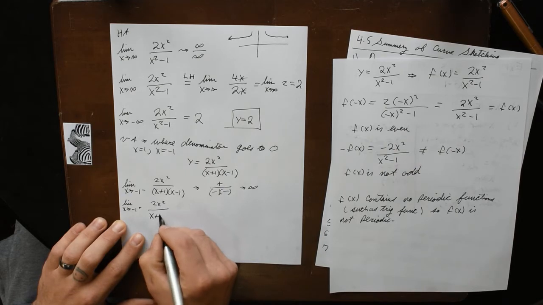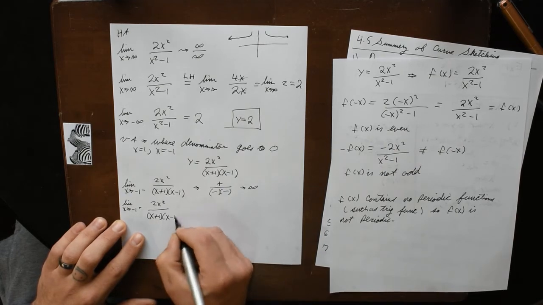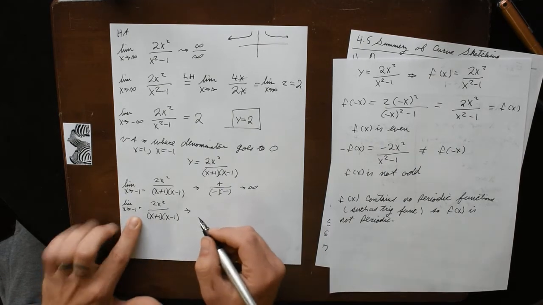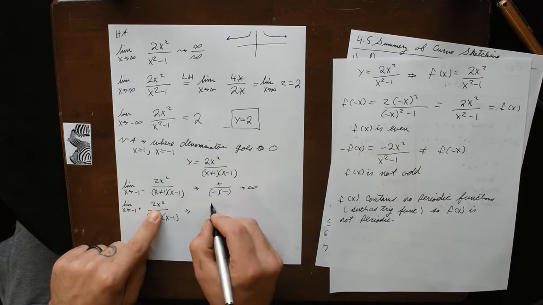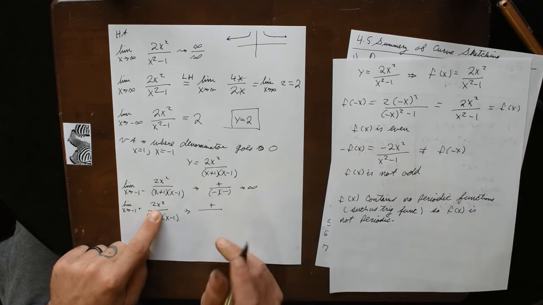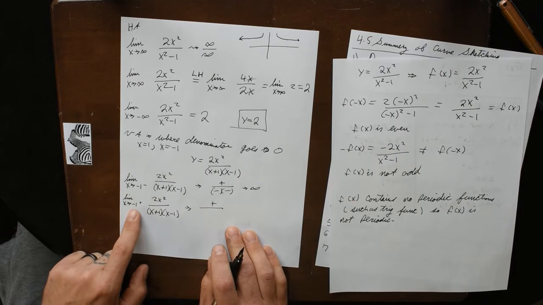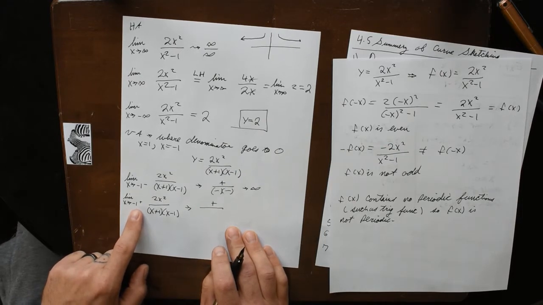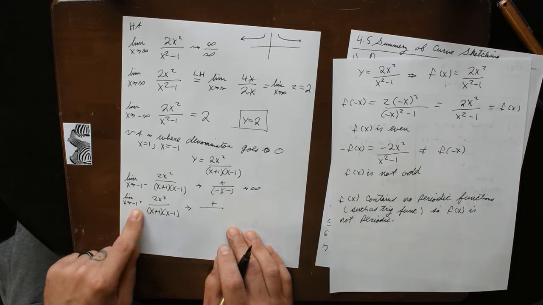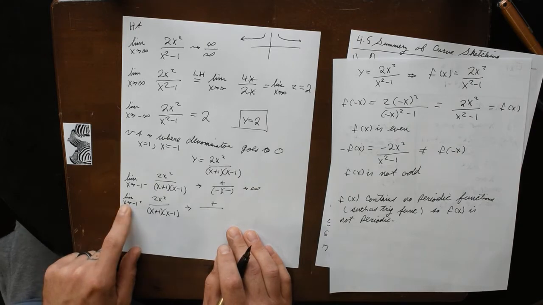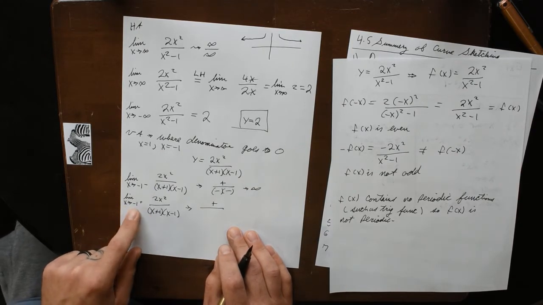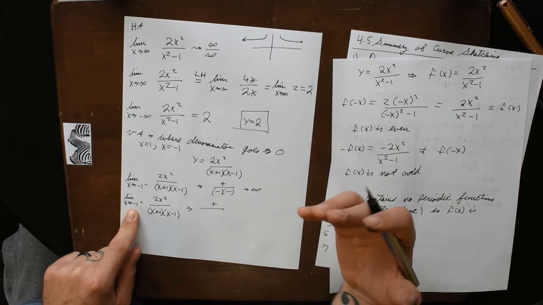over x plus 1 times x minus 1, well, once again, whatever value of x is, 2x squared is going to be positive, and that's going to be divided by, so a number slightly to the right. This is going to be something like negative 0.9 or negative 0.99 or negative 0.9999.